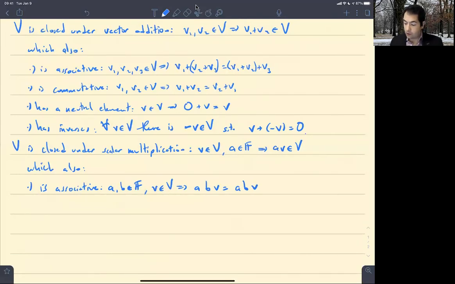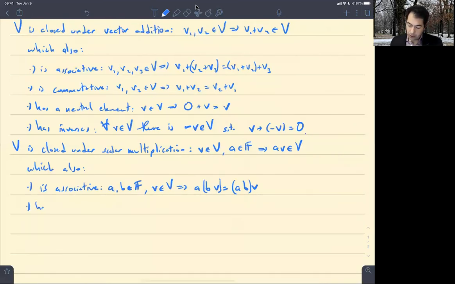What's ambiguous here is that you could first do scalar multiplication with b, and then with a, or you could take the product of a and b in the field, and then do scalar multiplication by that. Associativity is that it doesn't matter which way you do it, you get the same vector.